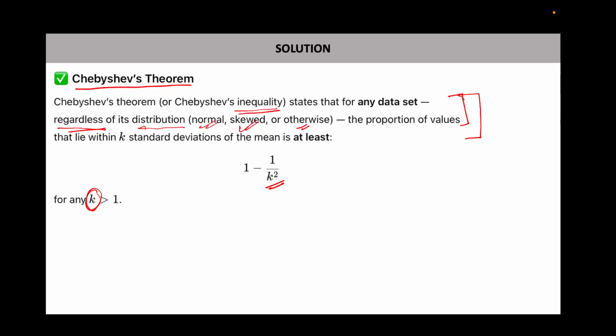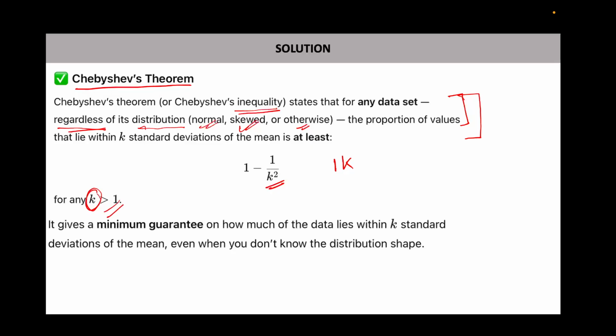The k standard deviation is a small range, so k can be 1, 2, or 3. When you have multiple k's of standard deviations, how much data will lie within 1k, 2k or 3k? This theorem helps us guarantee how much of your data will lie within this standard range.